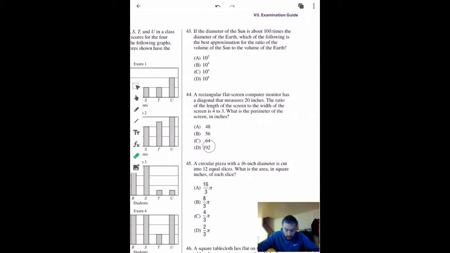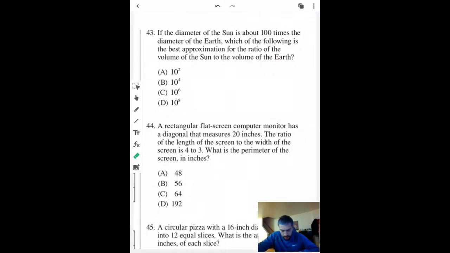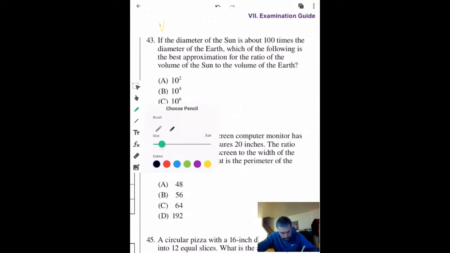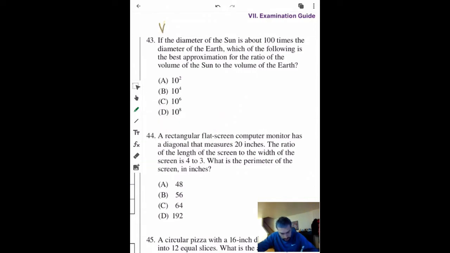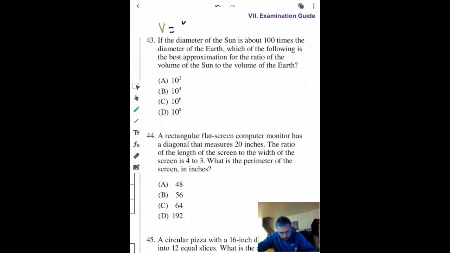So let's recall the volume formula. To get the volume of a sphere, the formula is 4/3 pi r cubed.